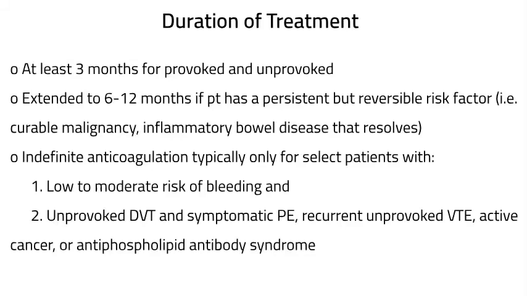And now there is a certain small group of patients that may actually remain on anticoagulation therapy indefinitely. And these patients are typically patients who have low to moderate risk of bleeding. So their risk of bleeding obviously cannot outweigh their risk of recurrent thrombosis.